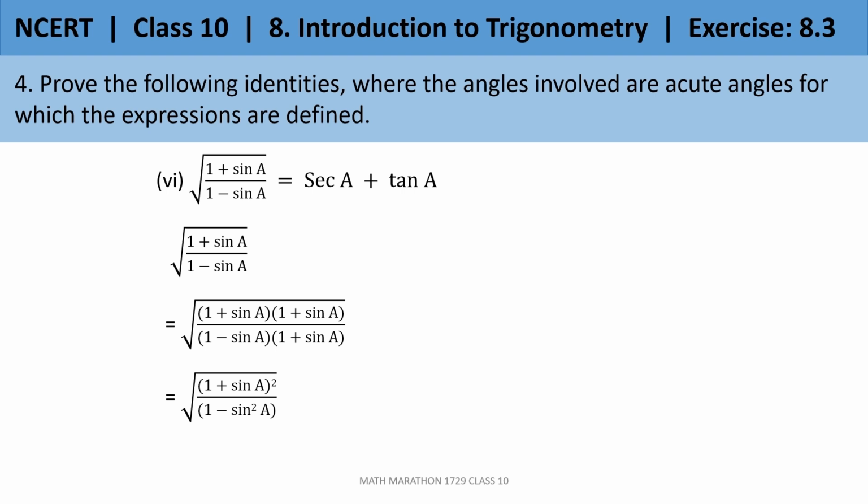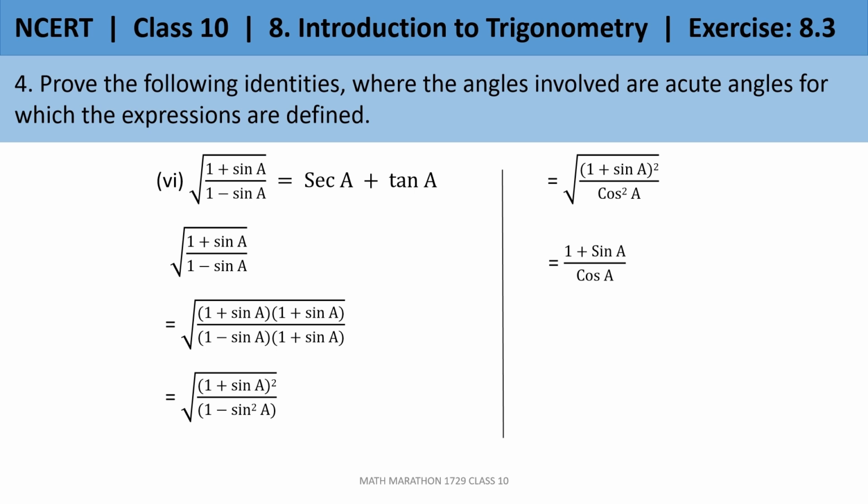We know that sine square A plus cos square A is equal to 1. So, 1 minus sine square A is equal to cos square A is equal to square root of 1 plus sine A whole square by cos square A. Let us take square root on numerator and denominator.